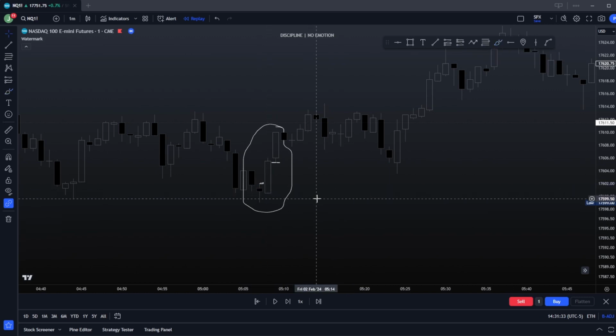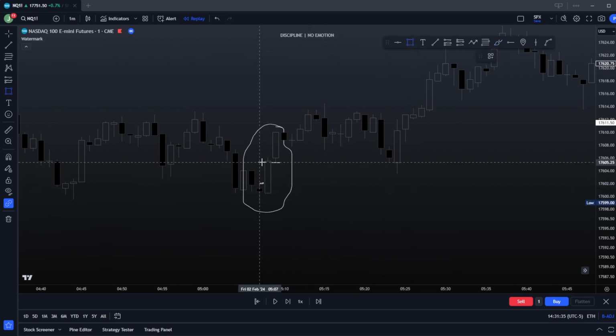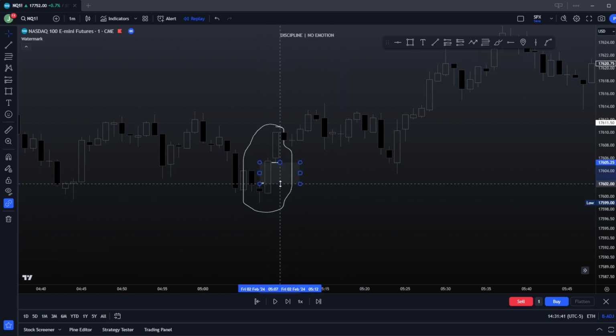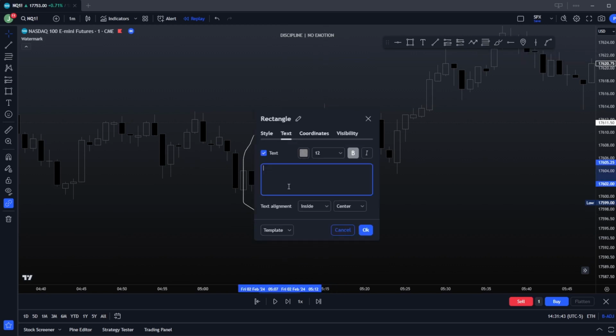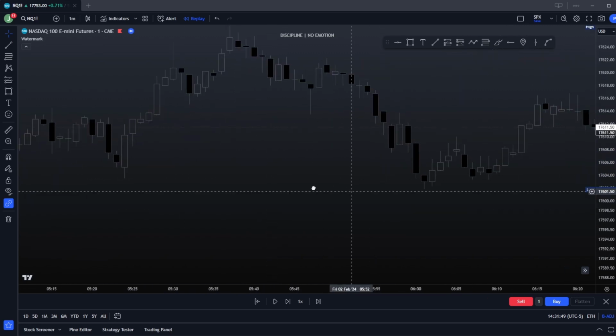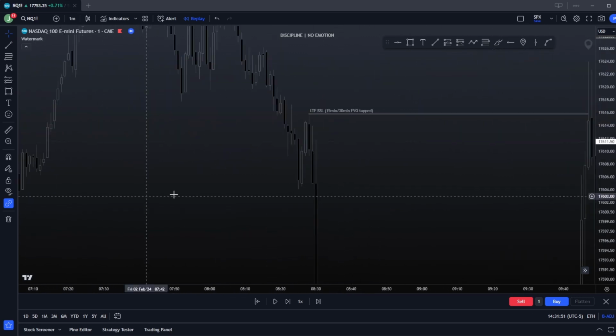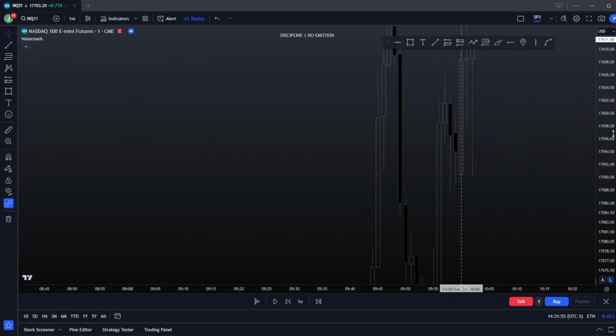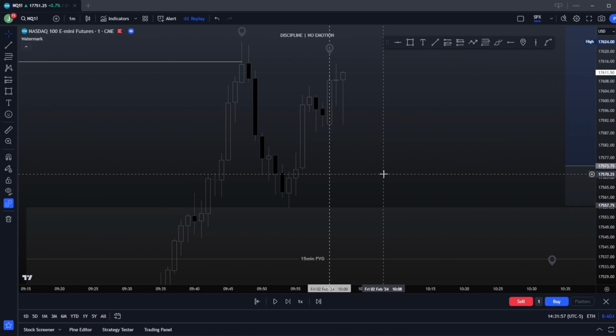That's your fair value gap, right between those. If that's how you drew it, then yes, that is your fair value gap on a lower time frame. Yeah, that's how you drew it. All right, beautiful. It just didn't look like that because it looks like you're on a higher time frame.